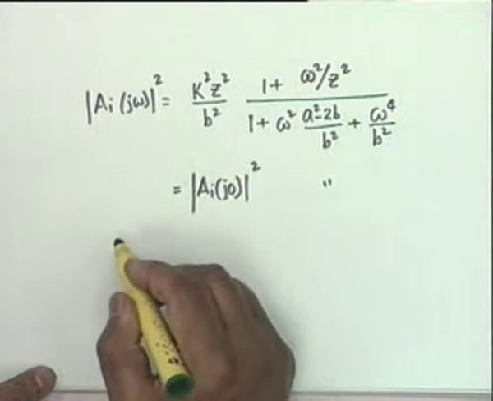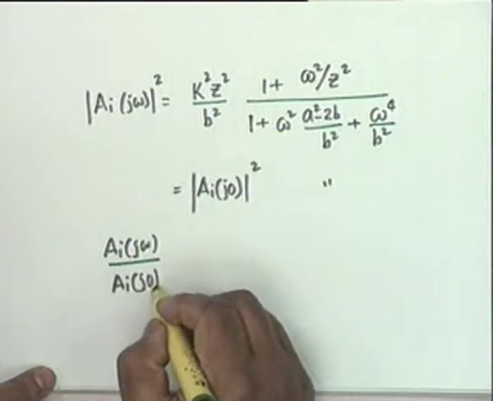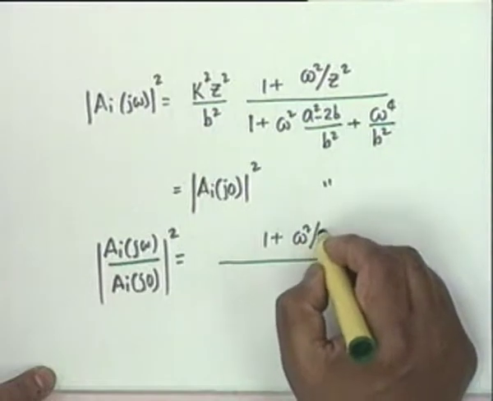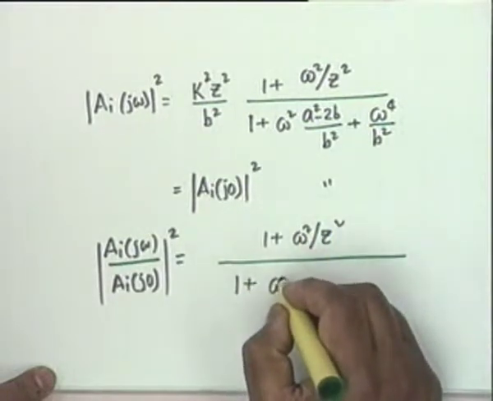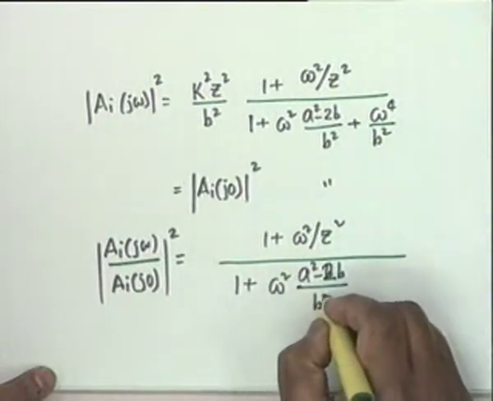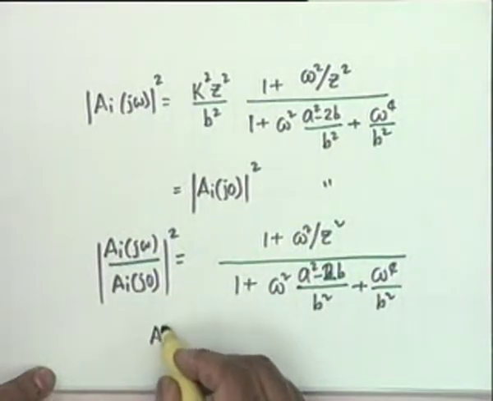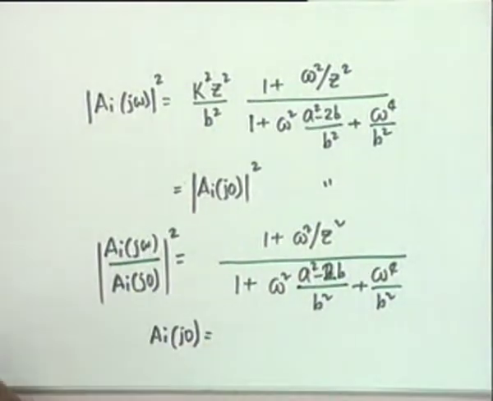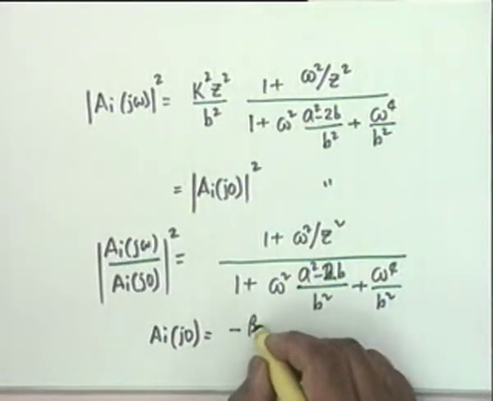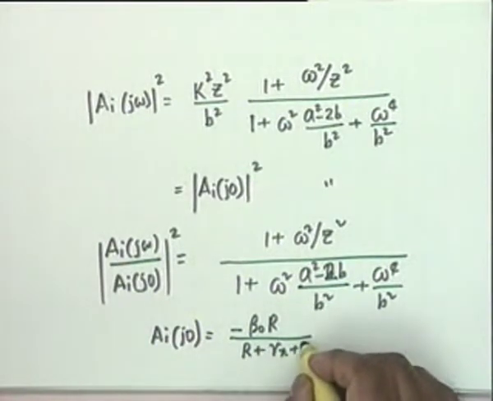And if I take the normalized value, |A_I(j omega) divided by A_I(j0)| squared, then this becomes 1 plus omega squared by z squared, over 1 plus omega squared (a squared minus 2b) divided by b squared plus omega 4 divided by b squared, where A_I(j0), if you substitute the values, becomes minus beta r divided by r plus rx plus r pi.